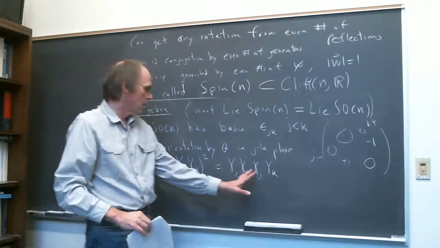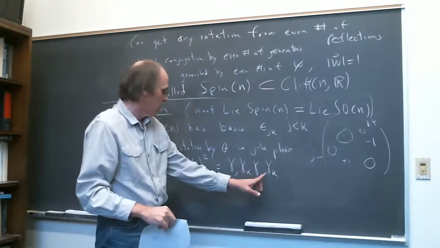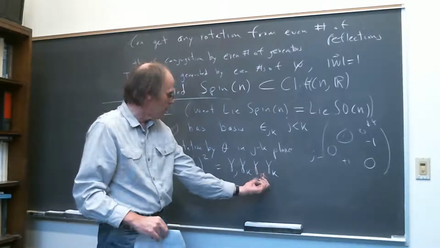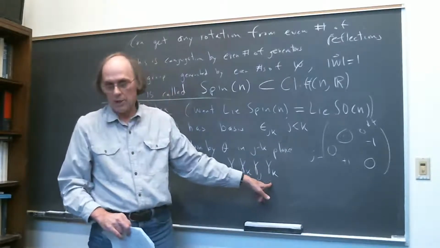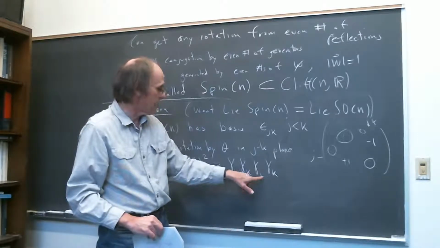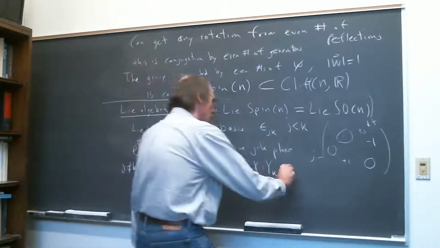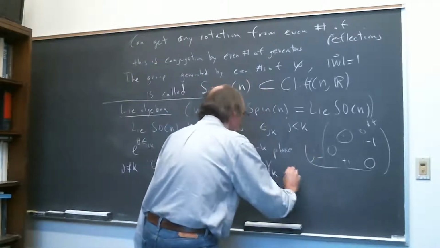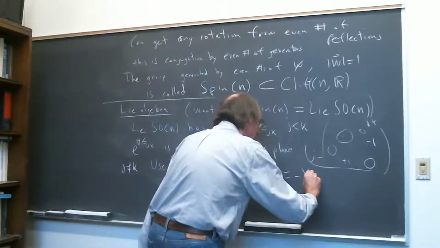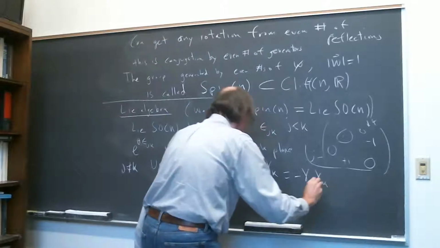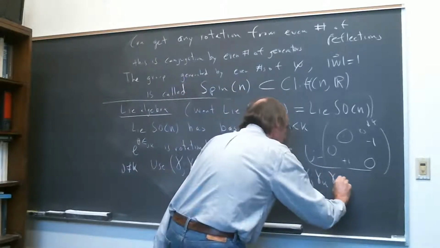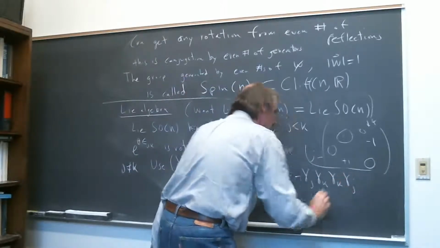Now I can use the anti-commutation relations to interchange the k and j here and get a minus sign. So this is minus gamma_j gamma_k gamma_k gamma_j.